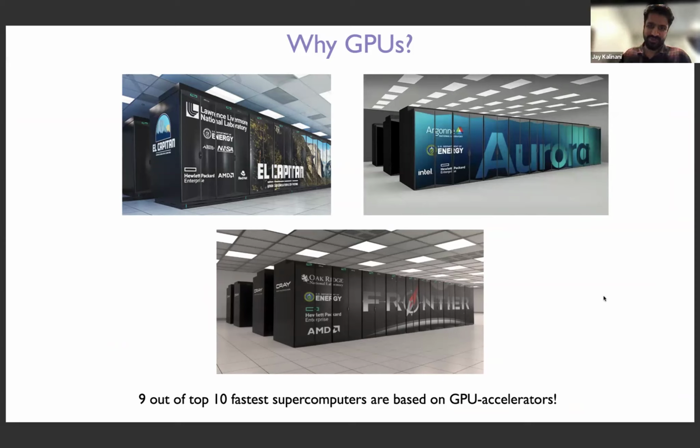And now the next question is why GPUs? Until about 10 to 15 years ago, most of the fastest supercomputer architectures were based on CPUs. But there has been a major shift to GPU architectures, and now if you go online and check, at least about 9 out of 10 of the fastest supercomputers are based on GPUs.